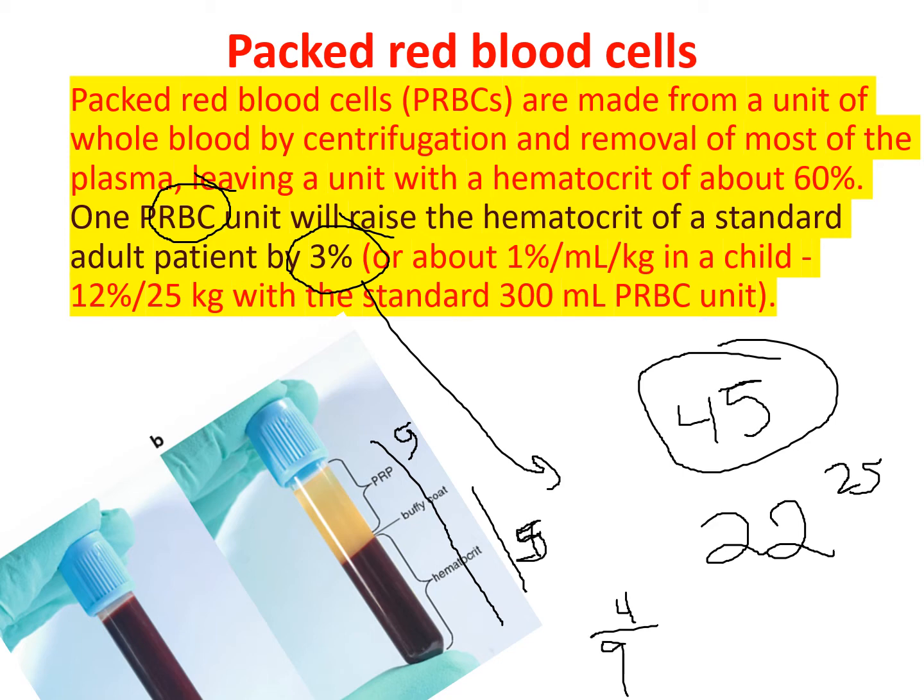Let's say 5. 5 divided by 9, and this would be well over 50%. So this would be unusually high for a female, and it could be normal for a male, especially a smoking young male. Because believe it or not, people that live on top of a mountain or they smoke, they make a little bit extra red blood cells, believe it or not.